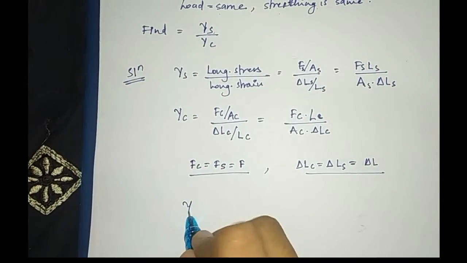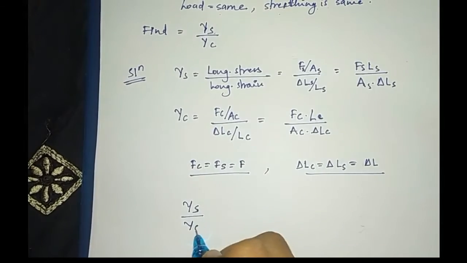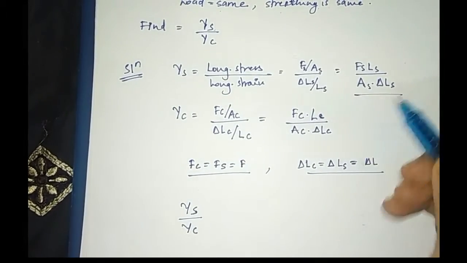So we have to find the Young's modulus of steel divided by Young's modulus of copper. This is the formula we'll use.